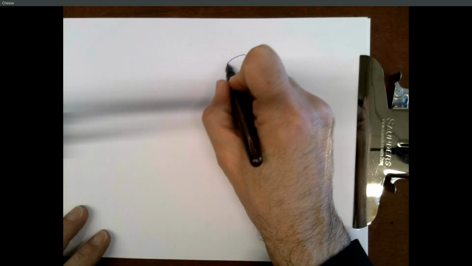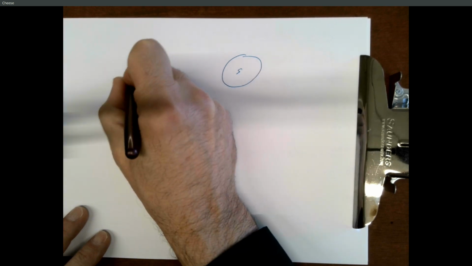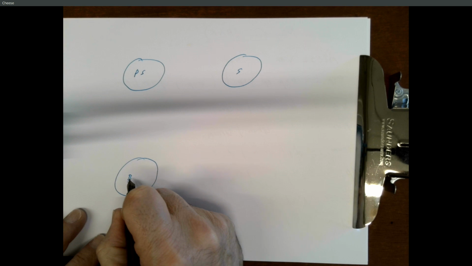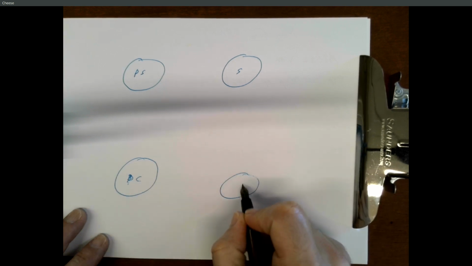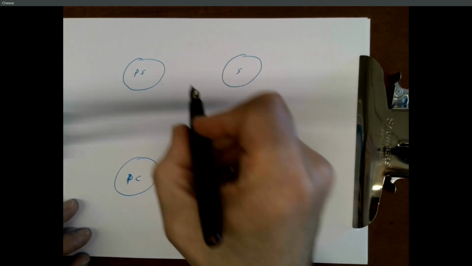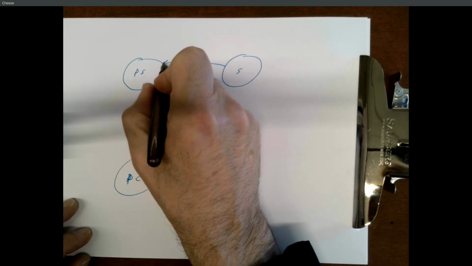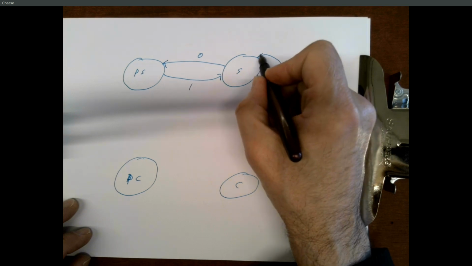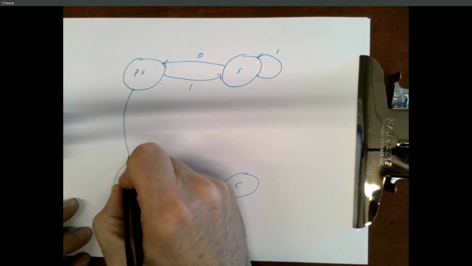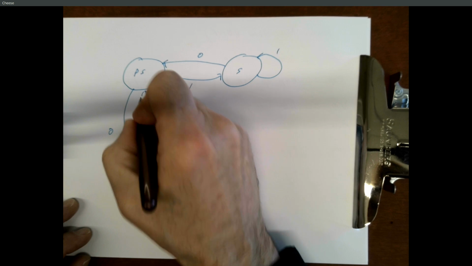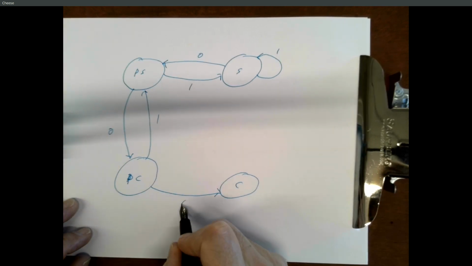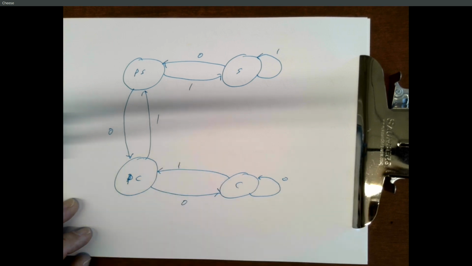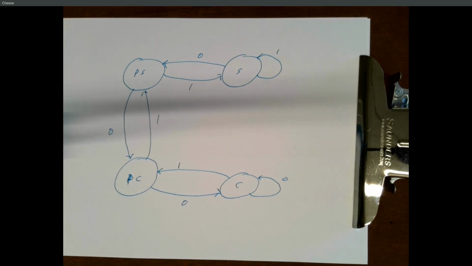So what's the idea? We have states. Oh, it's a state diagram. I remember this. But I won't draw state tables. All right, so there's a state diagram.